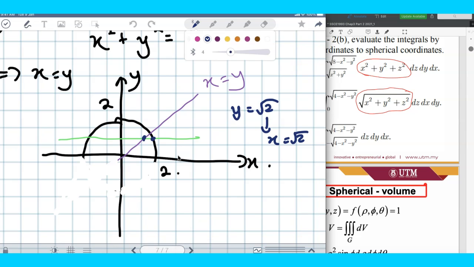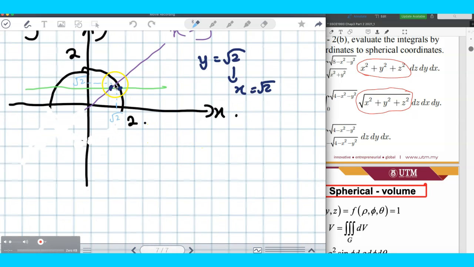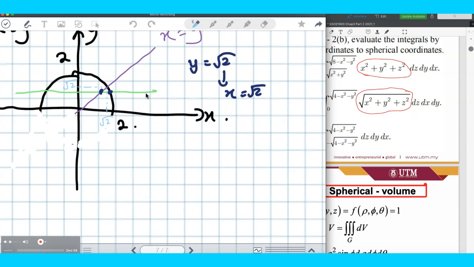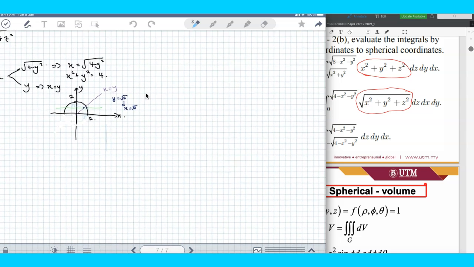So the line is this one. So this is square root 2 and this is square root 2. So you have a very small curve there. Maybe I need to enlarge. Okay, I will redraw it.